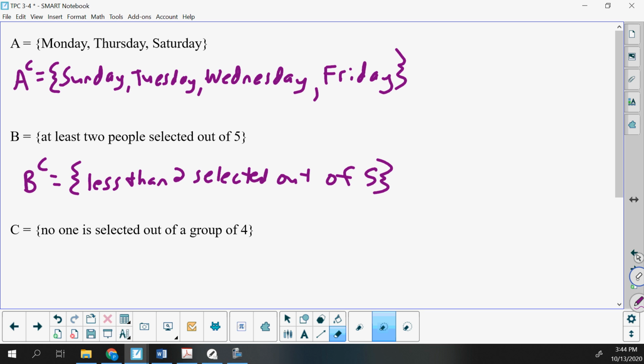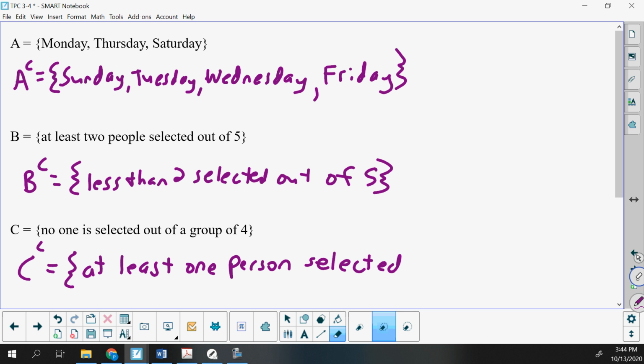So the complement of no one being selected out of a group of 4, well, the only option for no one would be 0. So the complement of that we can word in a couple different ways. We could say at least 1 person selected out of a group of 4.